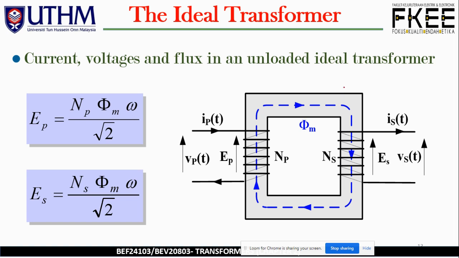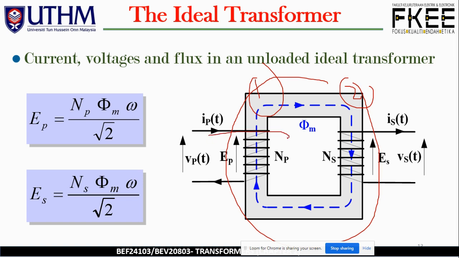We have our rectangular core, and on leg number 1 and leg number 2 we have our respective windings. With VP, the primary voltage, as well as the induced voltage at the primary side, we have the primary current and the number of turns NP at the primary side.